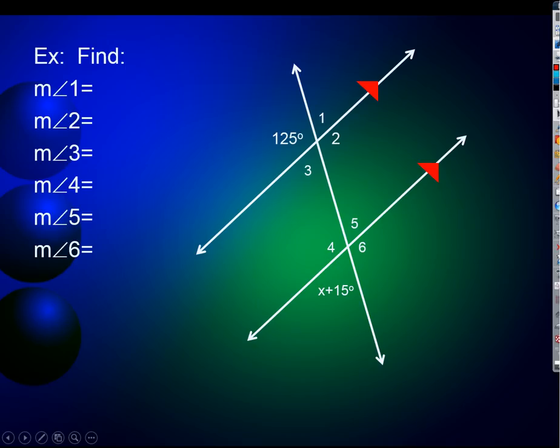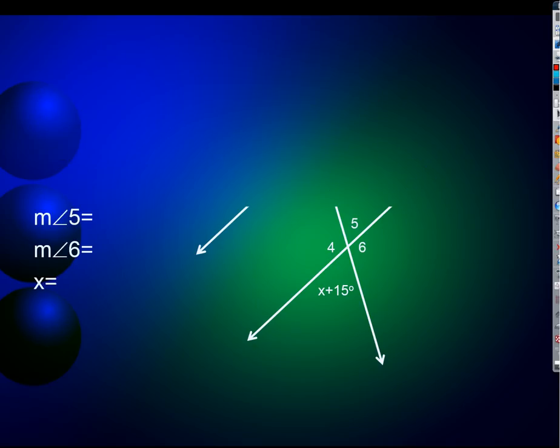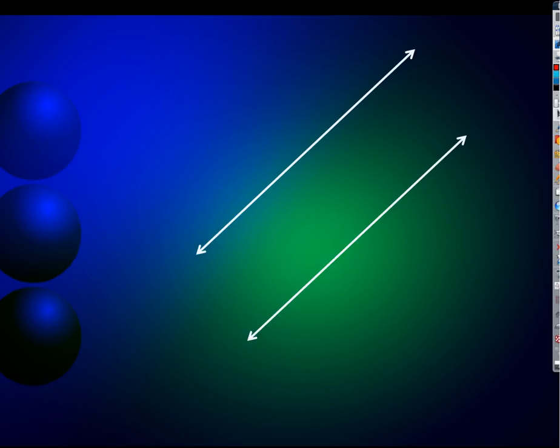Because they're on the same line. What do we call that relationship? That's a linear pair. Yeah, good. If I get two adjacent angles that make a line, then they're a linear pair. So all I'd have to do is subtract 125 from 180, right? So what is that? 55? Come on now.